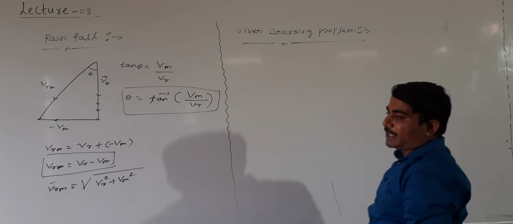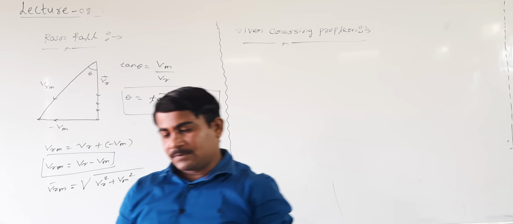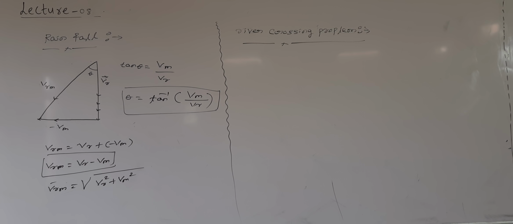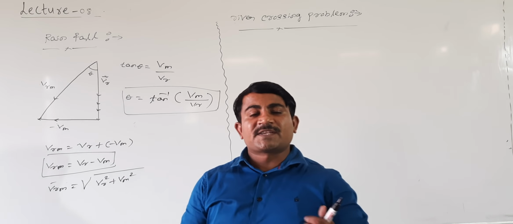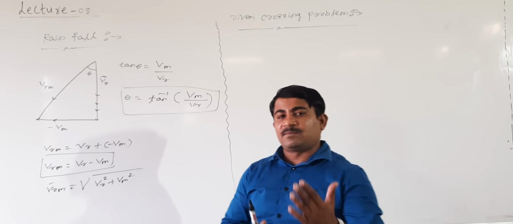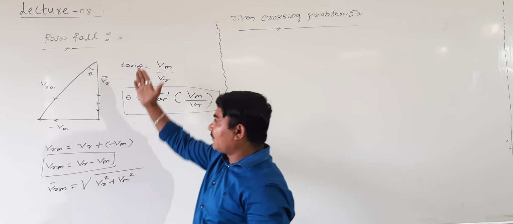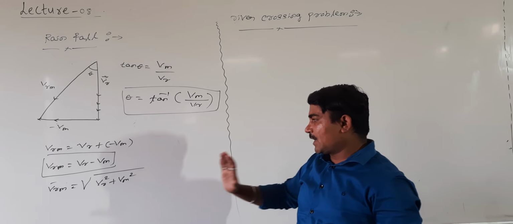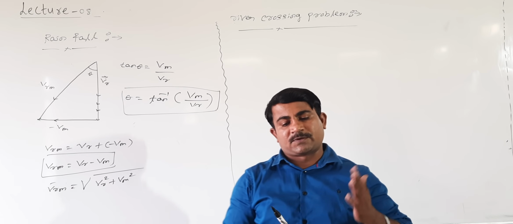See here, students, in detail we'll see the river crossing problem. Okay students, let us continue the river crossing problem. The first problem was a special case of relative velocities: the rainfall, and the angle by which the umbrella can be held, with the magnitude represented by Vrm equal to the square root of Vr square plus Vm square.